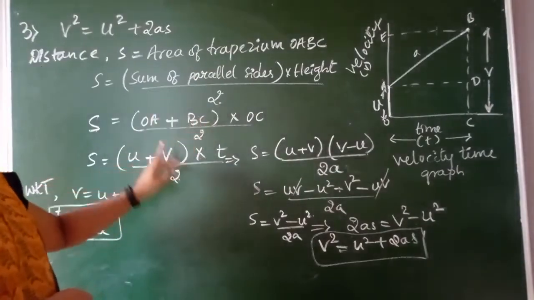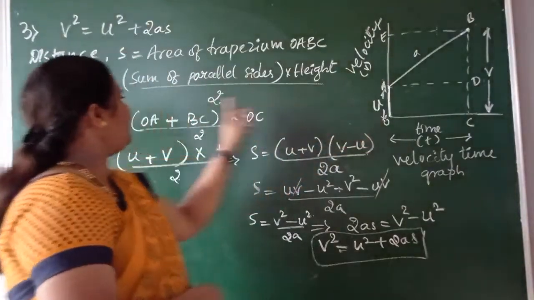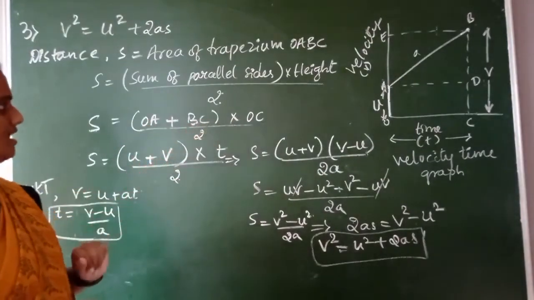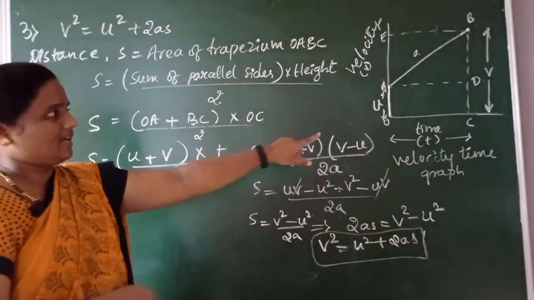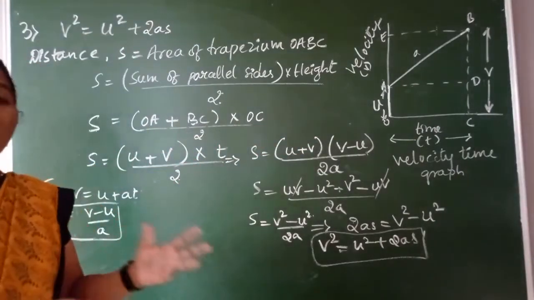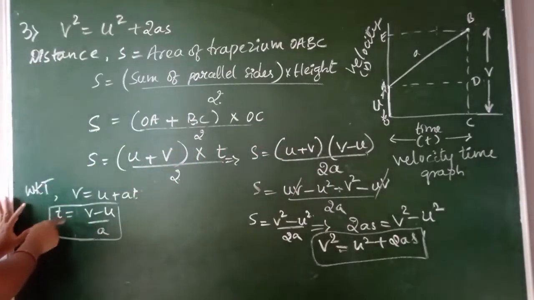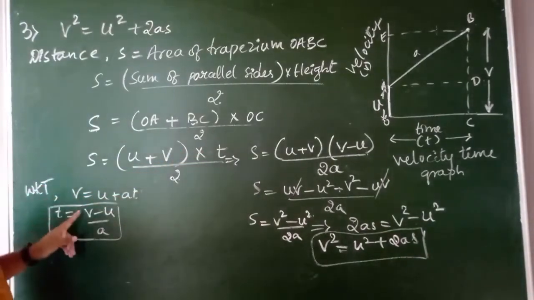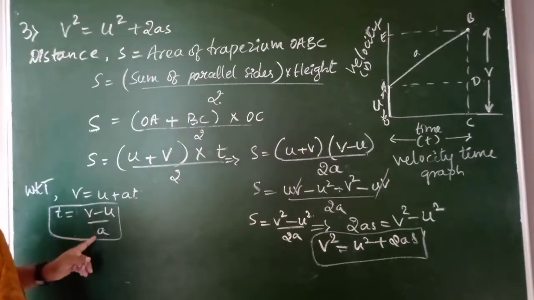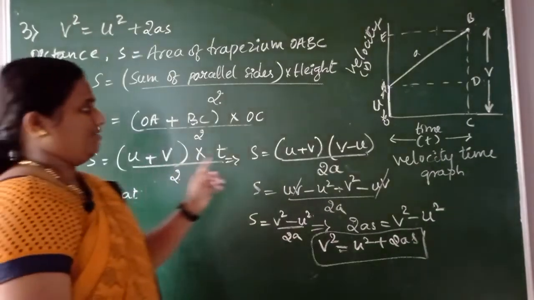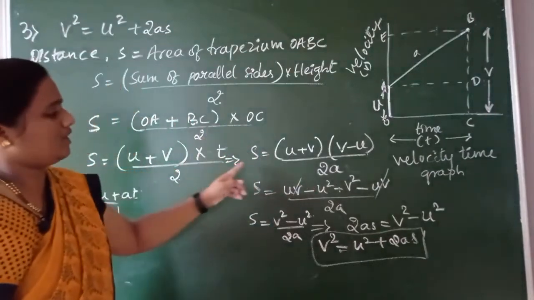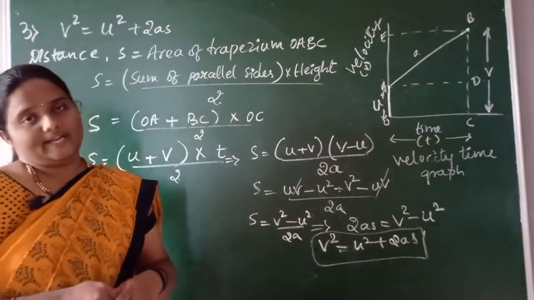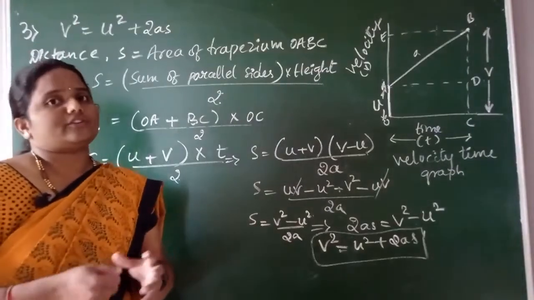The parallel sides are OA plus BC, where OA is U and BC is the final velocity, and the height is OC, which is T. To eliminate time, from equation 1 we write T equals V minus U divided by A. When you substitute all these, you will get V square equals U square plus 2AS. This is our third equation of motion.